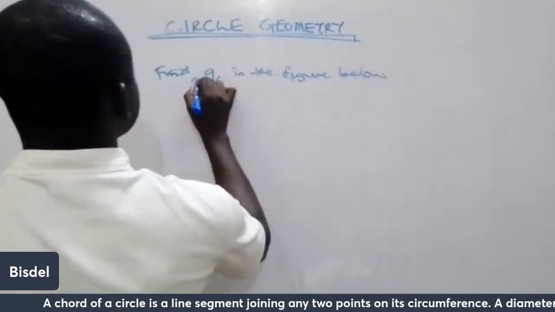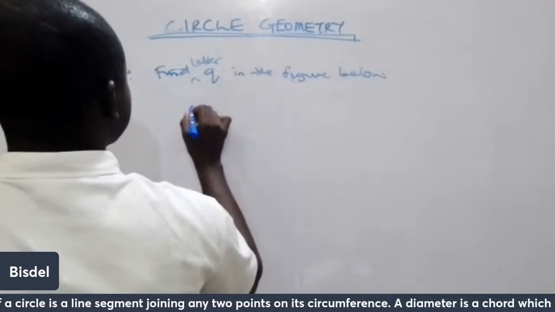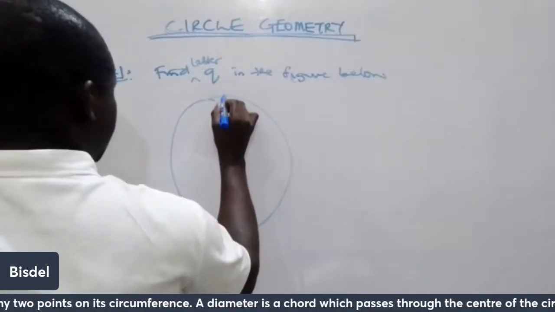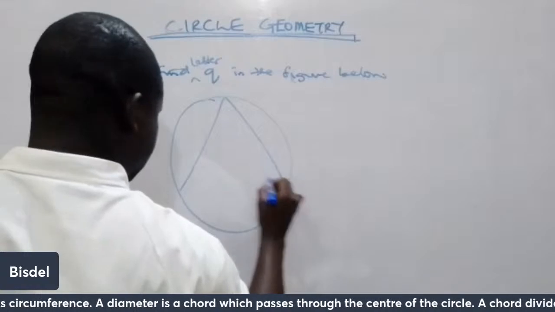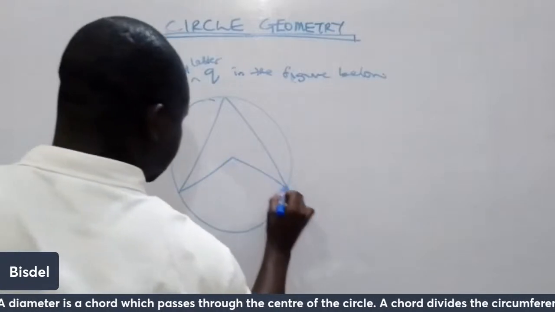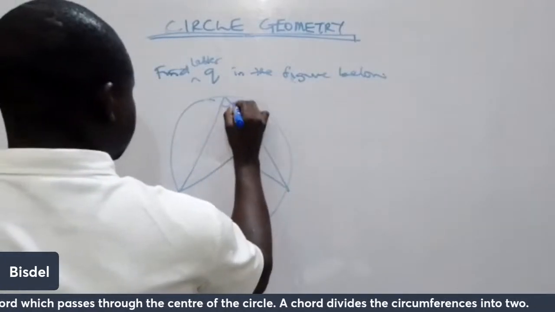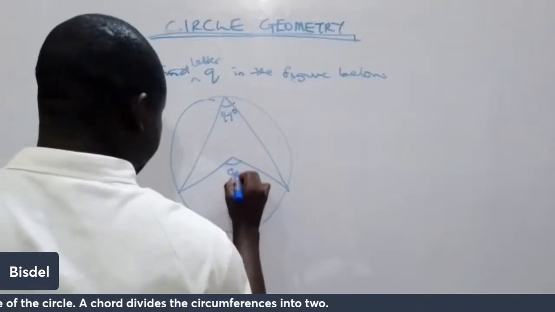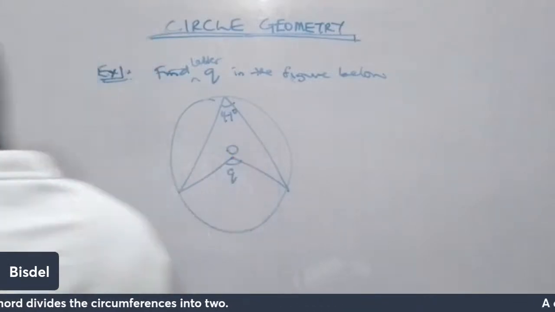That is, you have to find letter Q. So let's see the figure. This is what we have, something of this nature. So this angle is 41 degrees, and here is Q, and this is the center of the circle.